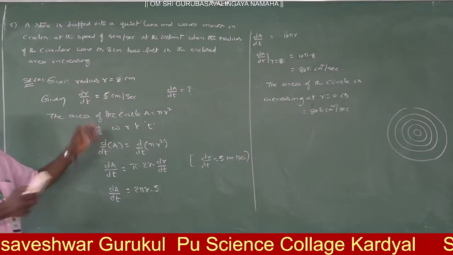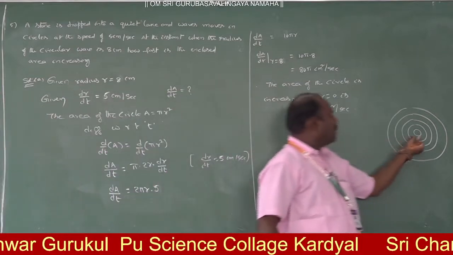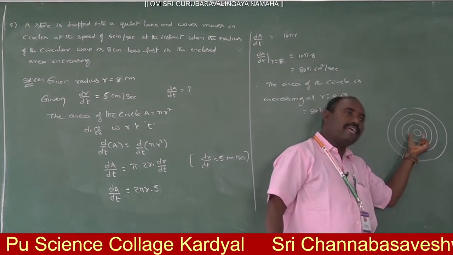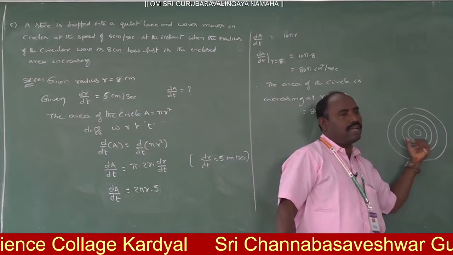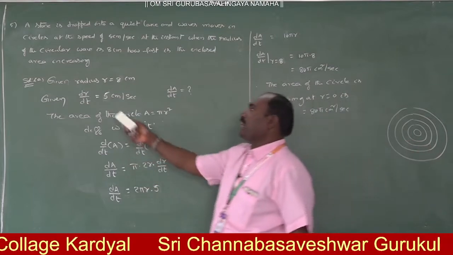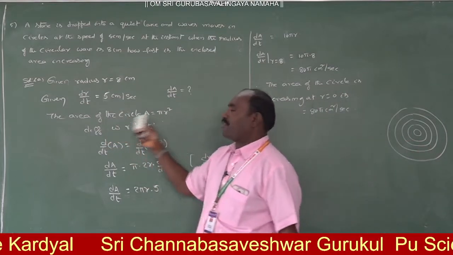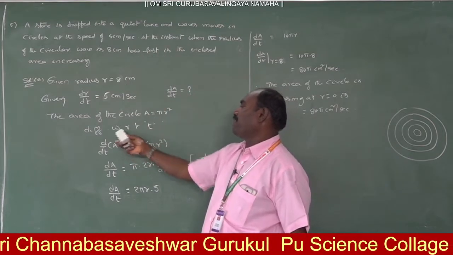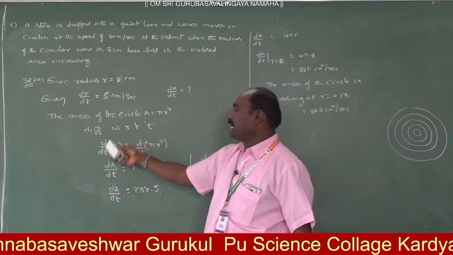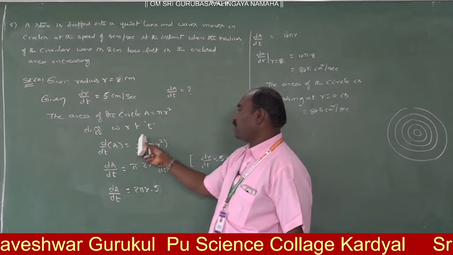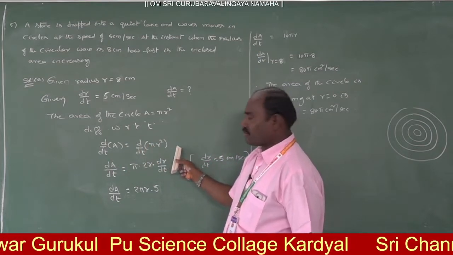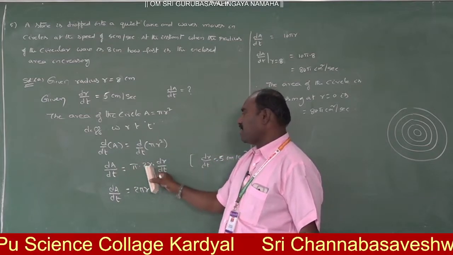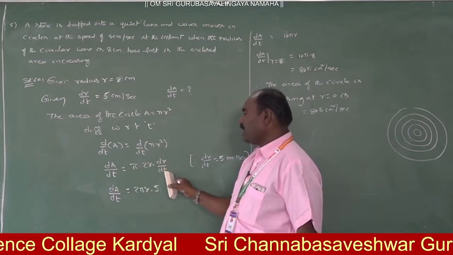So here in this one the radius is increasing and the area of the circle is also increasing. So A equal to pi r square, differentiating with respect to t, dA by dt equal to d by dt of pi r square. So dA by dt equal to pi is the constant times the differentiation of r square, which is 2r into dr by dt.